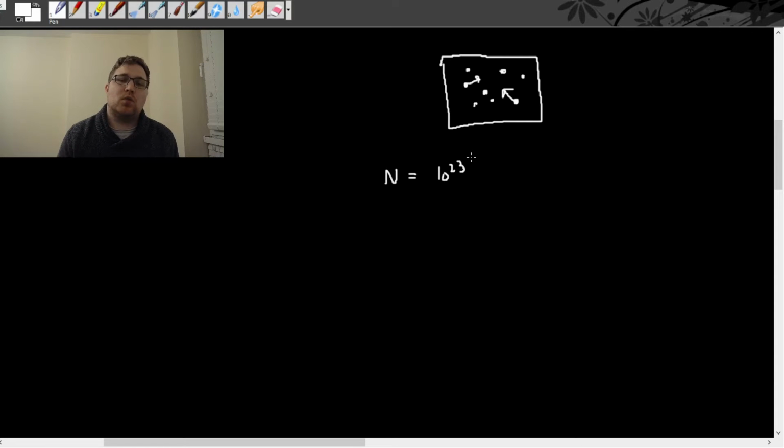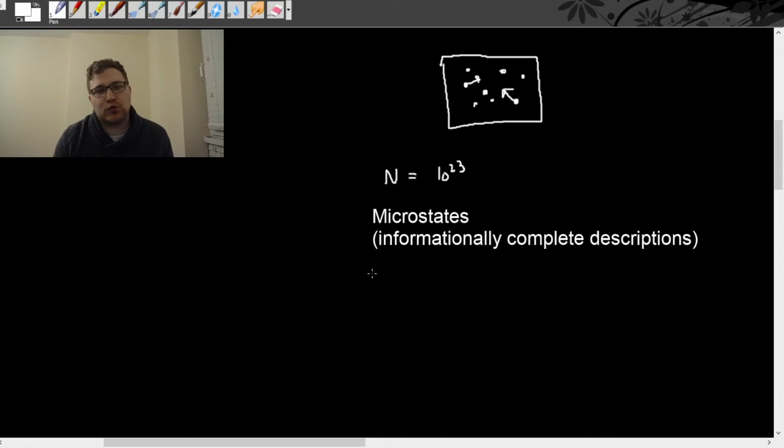So how does one go about describing these systems using physics? Well, if you were to approach this problem from a microscopic perspective, you would describe the system using microstates. So microstates are a description of a physical system that is informationally complete.